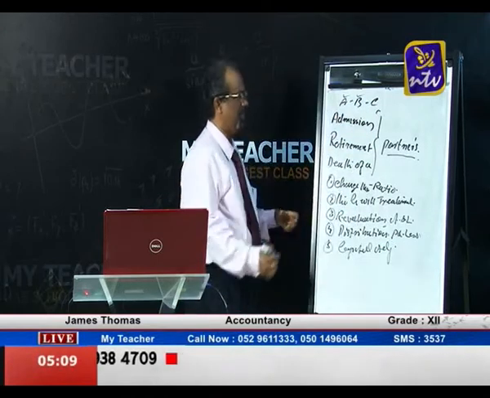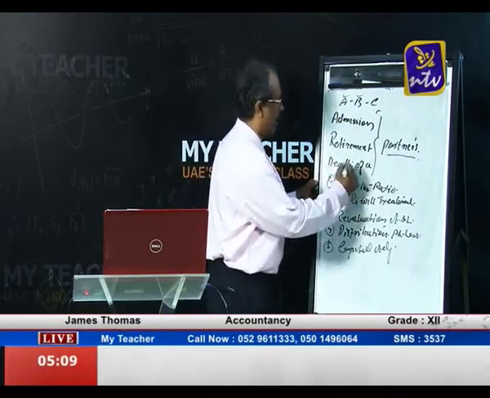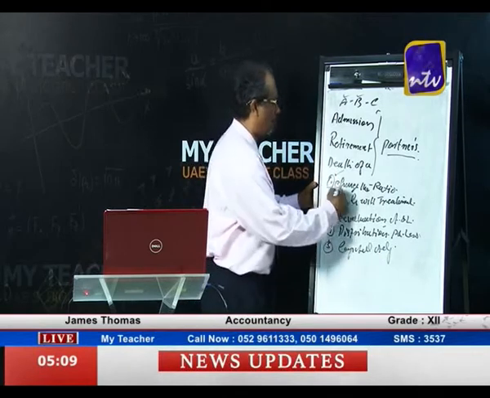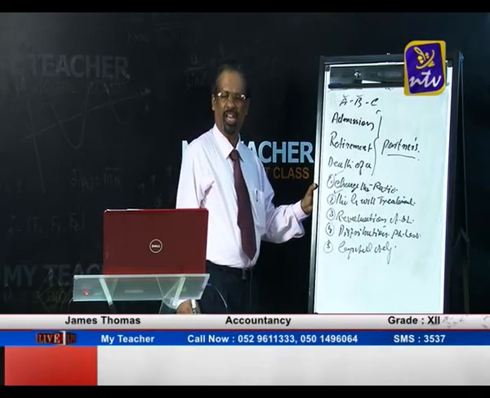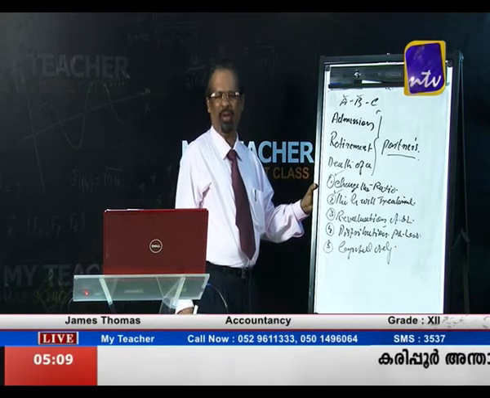Out of that, we have already studied in detail the change in the profit sharing ratio and also the treatment of goodwill. So today I am going to discuss the revaluation of assets and liabilities.